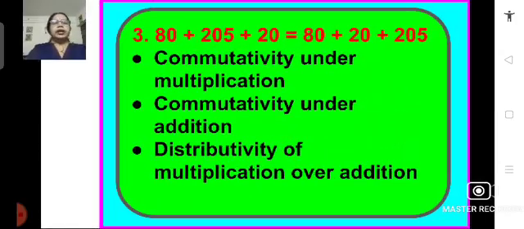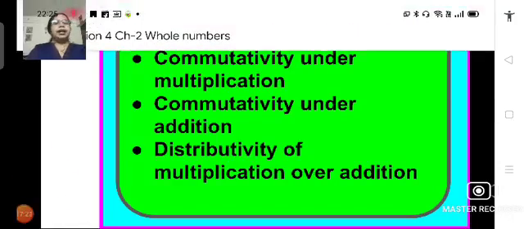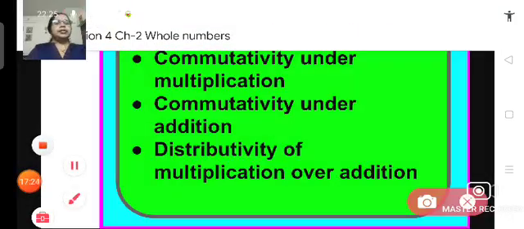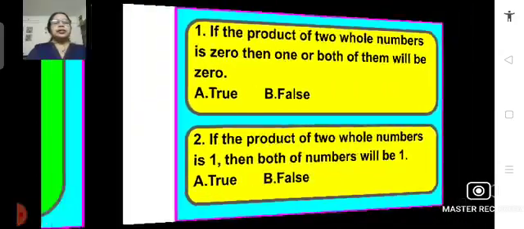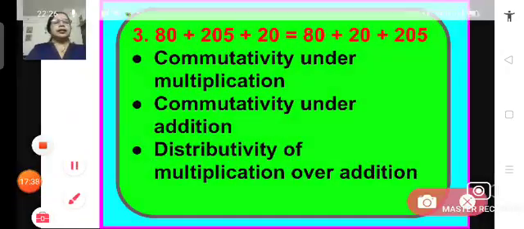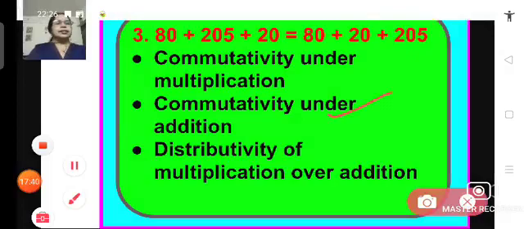Next, third one, 80 plus 205 plus 20 is equal to 80 plus 20 plus 205. Which property is used here? The property is commutativity under addition. The second option is the correct answer here.